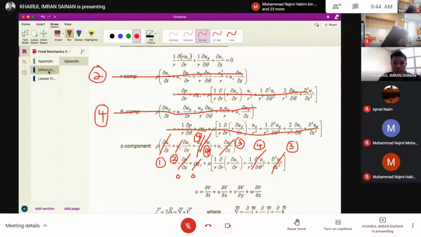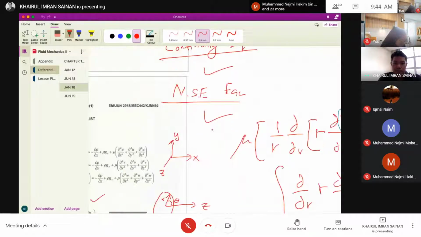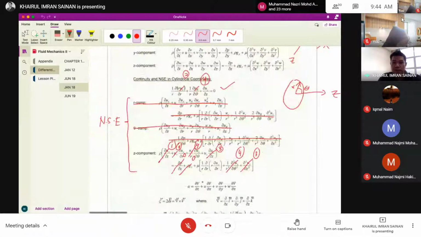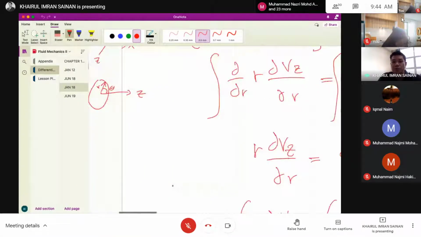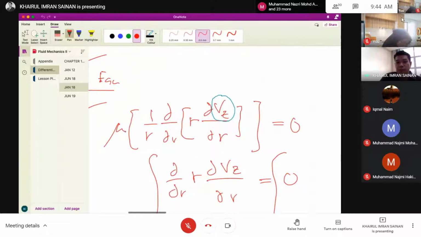Right, similar to this one. So your equation will become mu 1 over R del over del R del Vz over del R equals to 0. Other than that, you already cancel out.